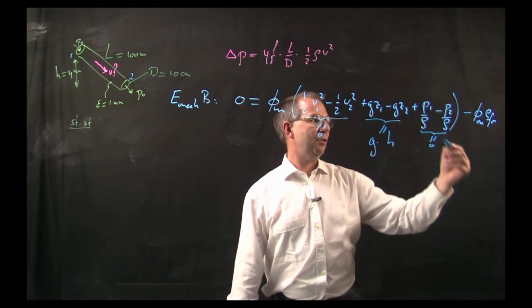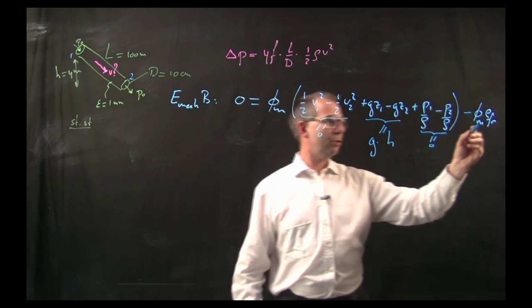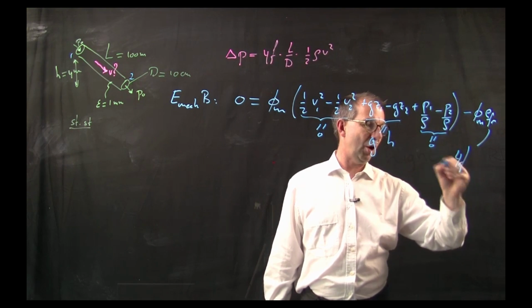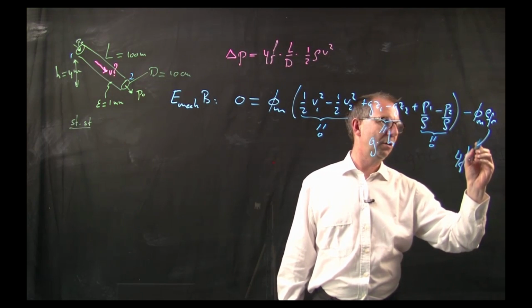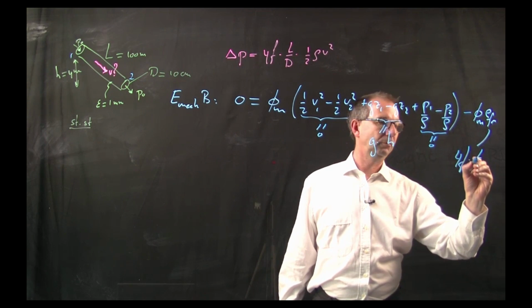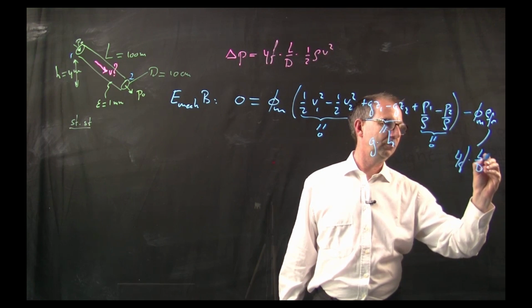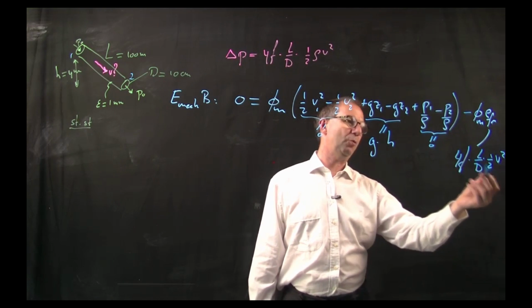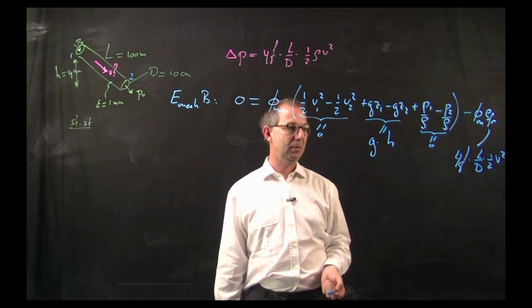And I can use the same idea, because this is friction with the wall, and that is still, regardless of how the flow is driven, 4F L over D half v squared, not rho v squared, but that's because of the units.